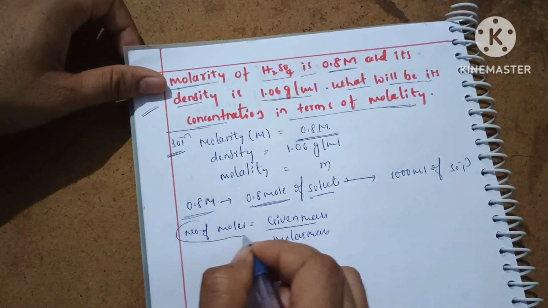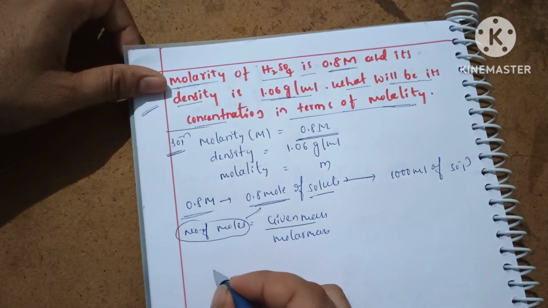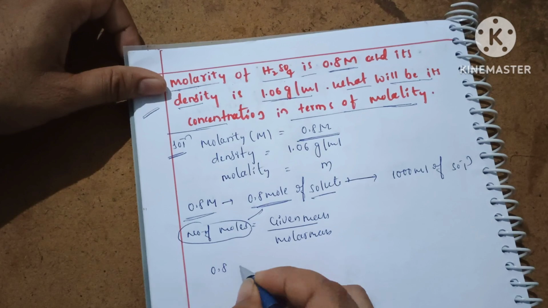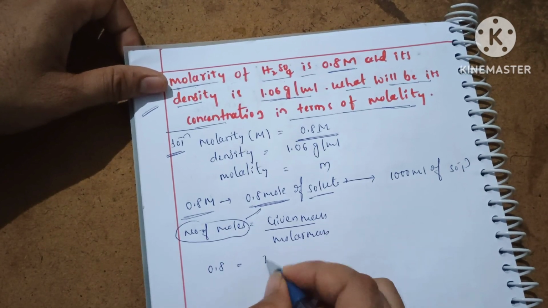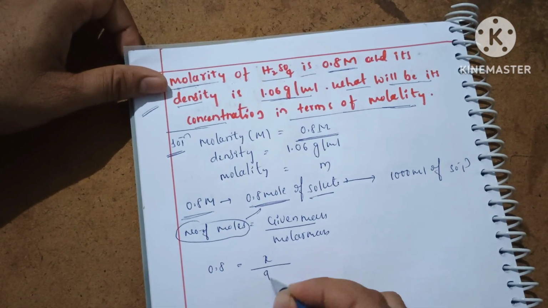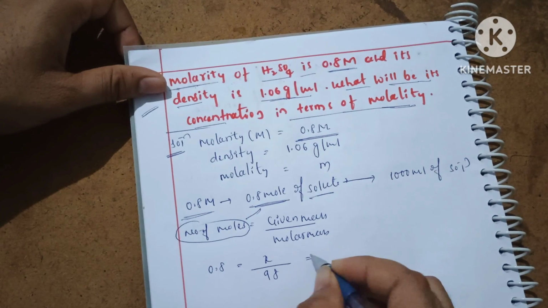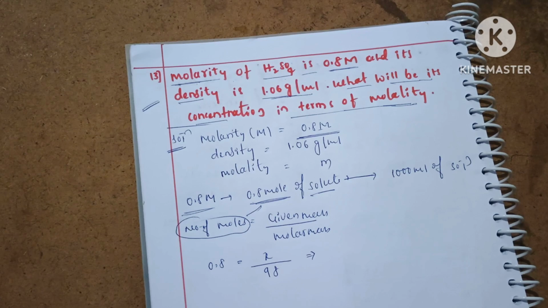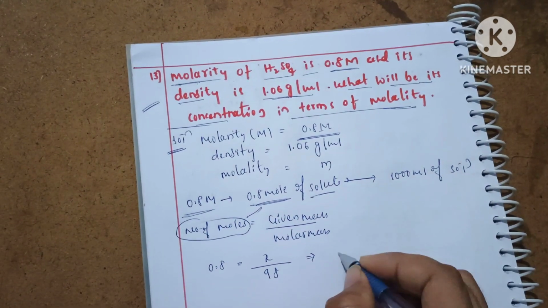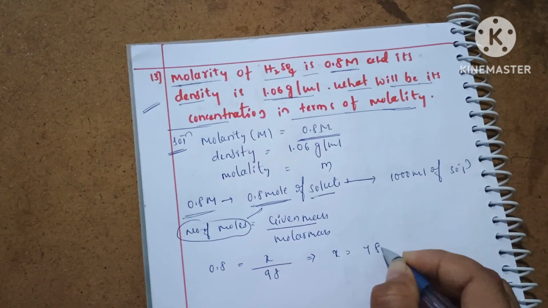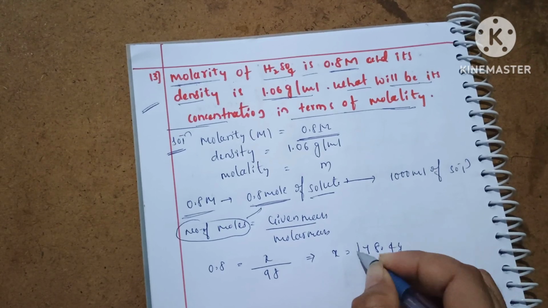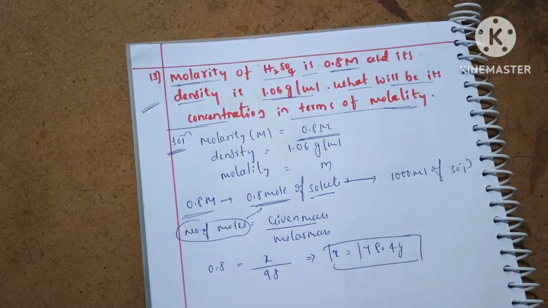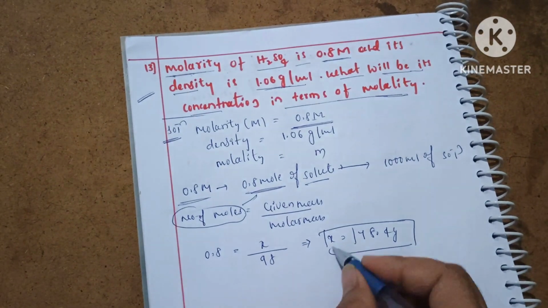Moles is already given, that is 0.8, which is equal to given mass, which we have to calculate, over the molar mass of sulfuric acid, 98. So given mass is 0.8 into 98, which is 78.4 gram. We have now got the mass of solute.